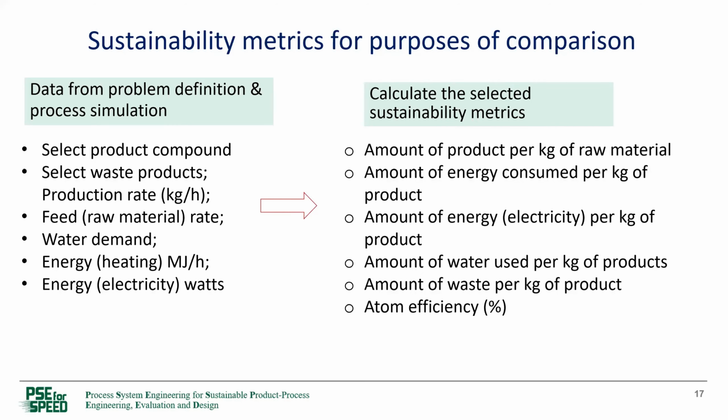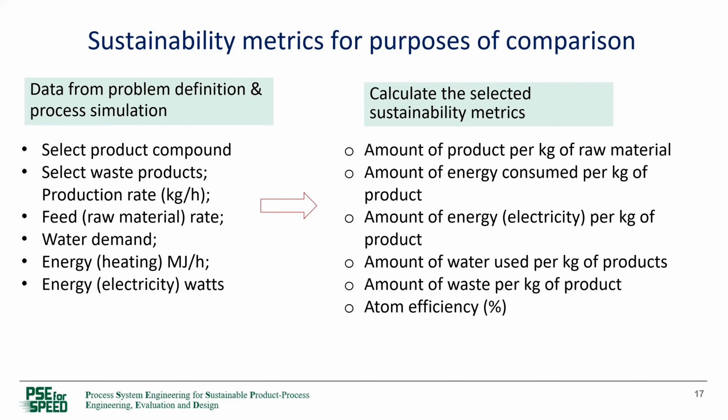And if the atom efficiency is high, then it means we are using a lot of the raw material and waste will be lower. But if the atom efficiency is lower, then we have a low conversion and we are wasting a lot of the atoms that we put into the system. Usually chemical processes have high efficiency. Usually pharmaceutical processes have low atom efficiency.